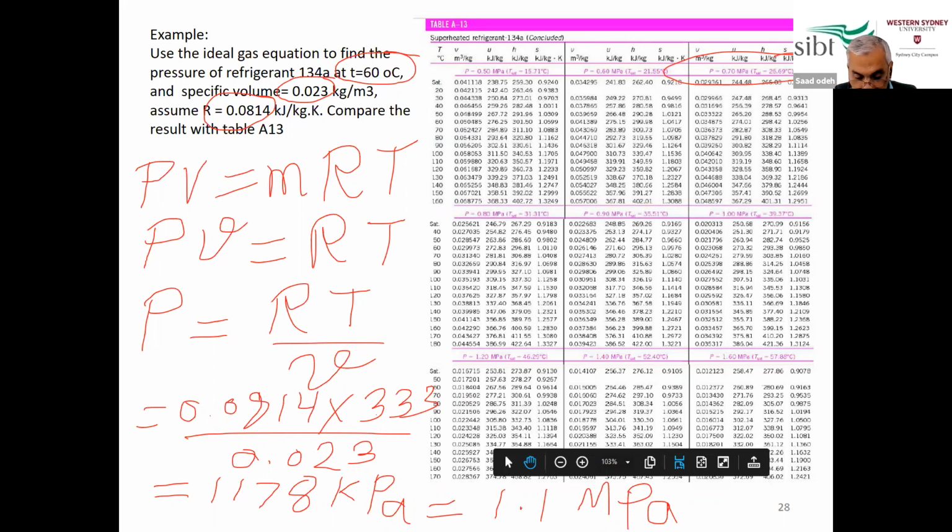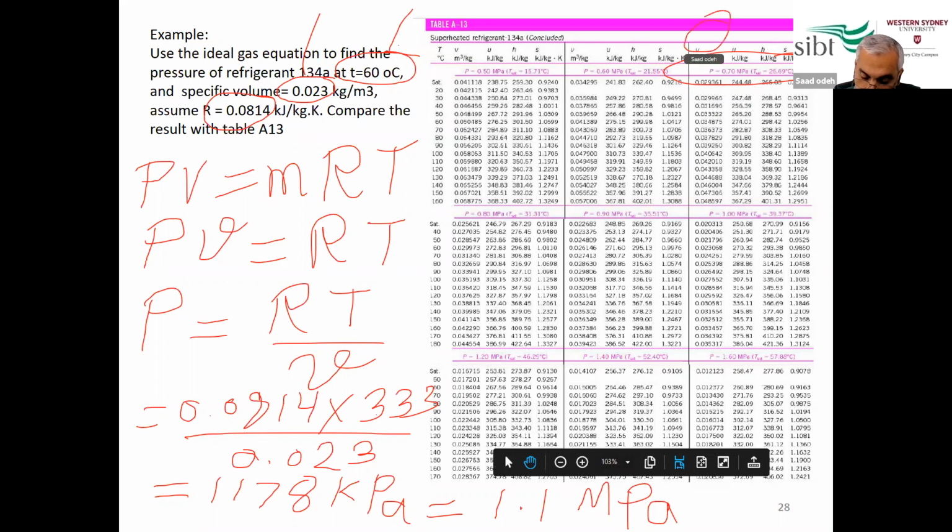if I take the temperature of 60 Celsius given in the example, I also check the specific volume 0.023, correct? So where is the specific volume? The first column.